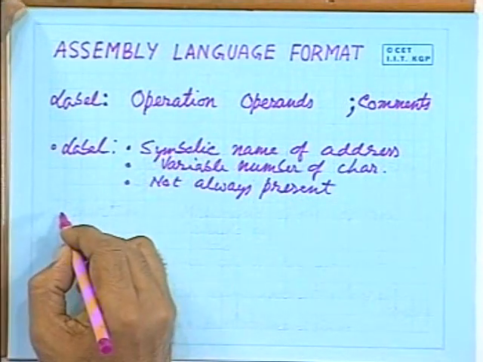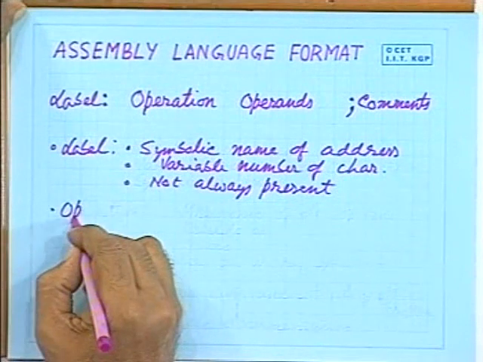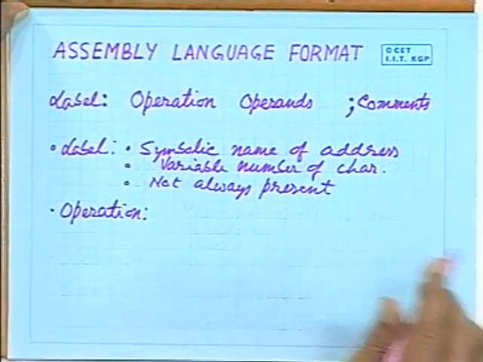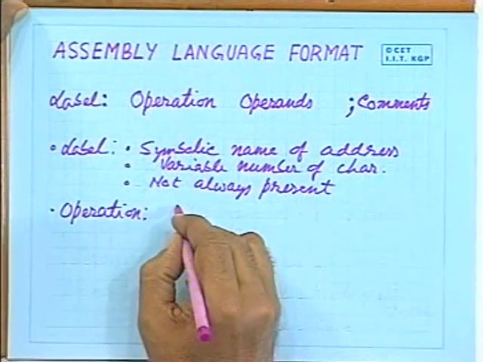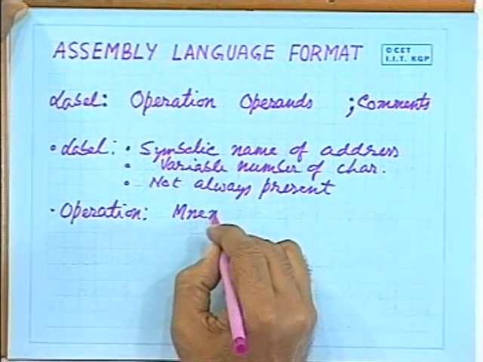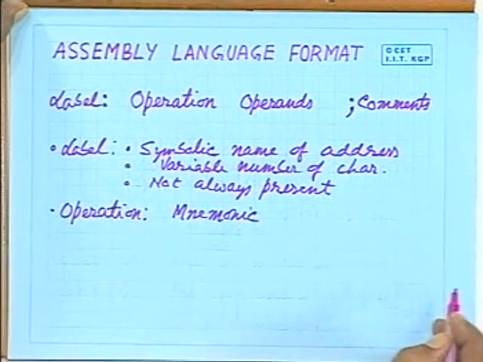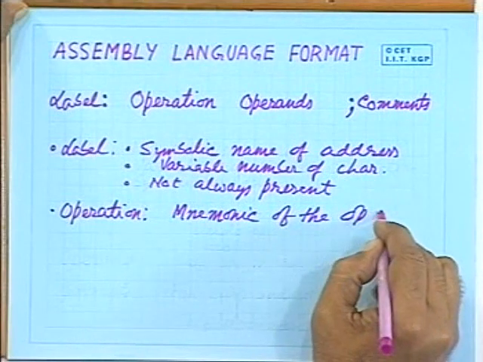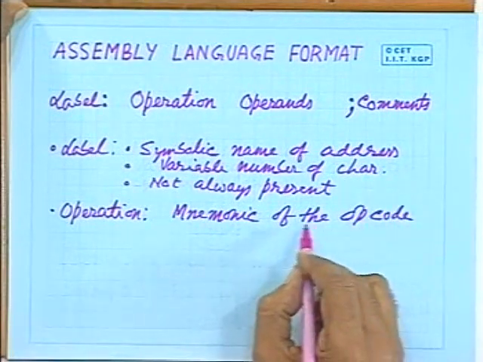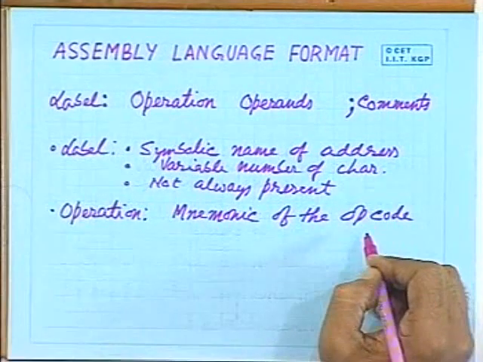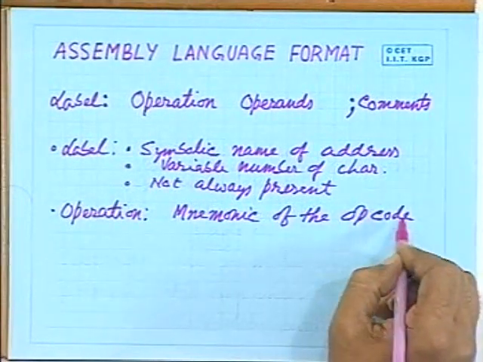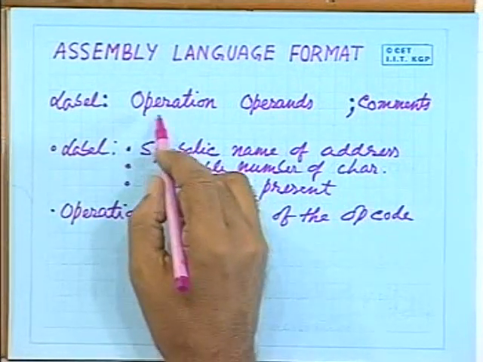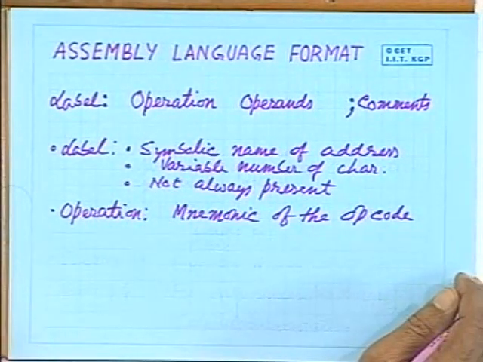Then comes the operation field. In the operation field you have to provide the mnemonic of the opcode. As you have seen, each and every instruction performs some operation, and that is represented by the opcode, and the mnemonic of the opcode will appear in the operation field of the assembly language program.